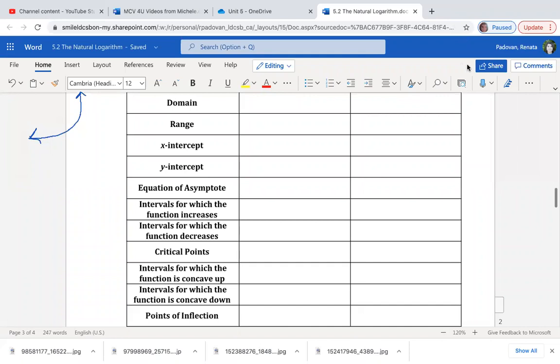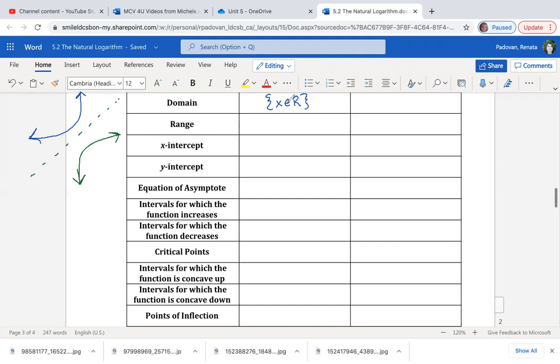And my green, just to try to help you guys out, went roughly like this. Okay, and then here's my reflection line. So back to blue. The domain, x is very vertical, but if it continues on forever, it is going to start moving to the right a little bit more. So for the domain, my x just belongs to the set of real numbers. X is going to continue on, right?